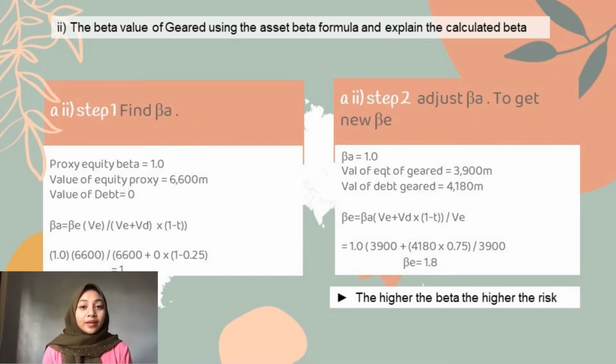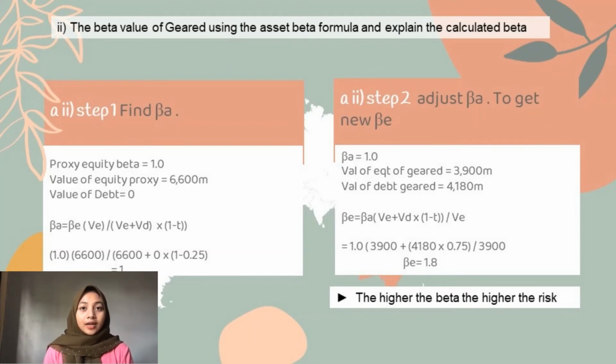To find the beta asset, we use the beta formula: beta asset equals beta equity times value of equity over value of equity plus value of debt times 1 minus t. By using the formula, we will have the answer of beta asset equal to 1.